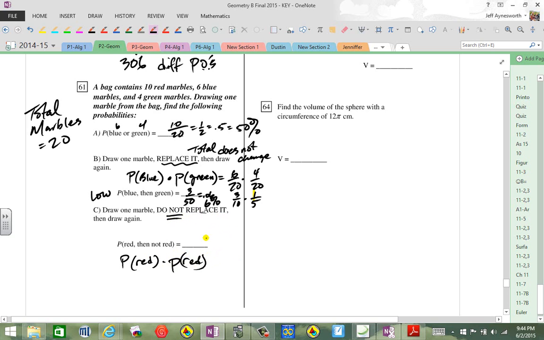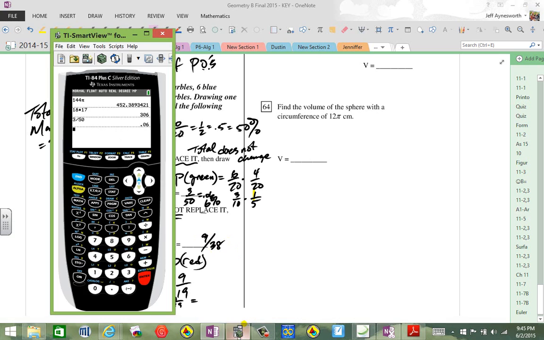So this time it's going to be red, 10 out of 20 times, you don't have one, you have one less red and you also have one less in the total. So it's going to be 9 out of 19. So it's 1/2 times 9/19. That gives you 9/38.